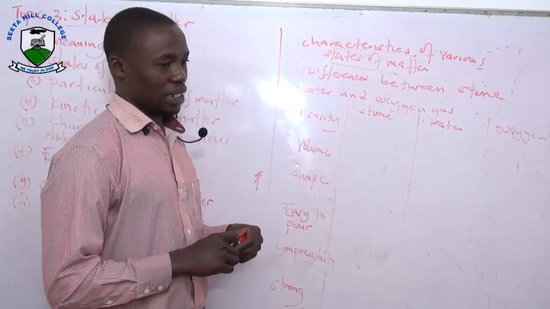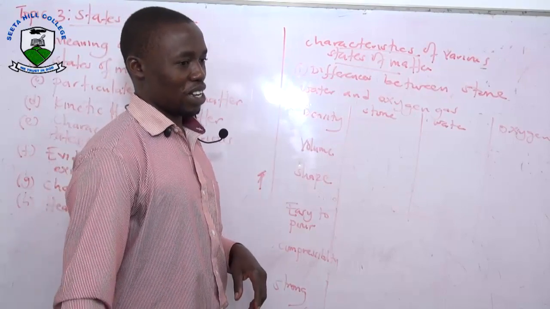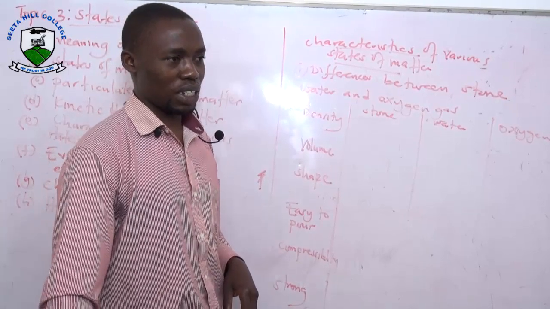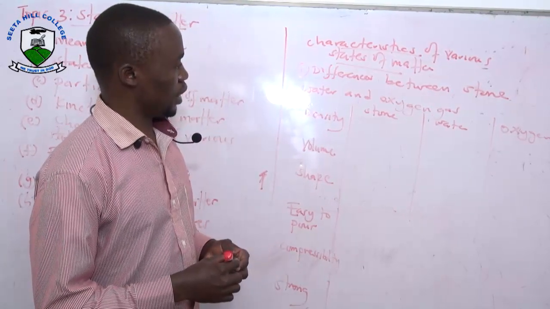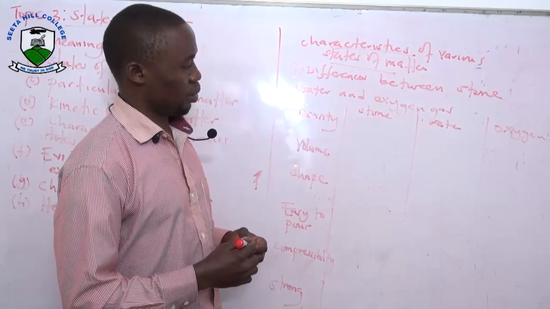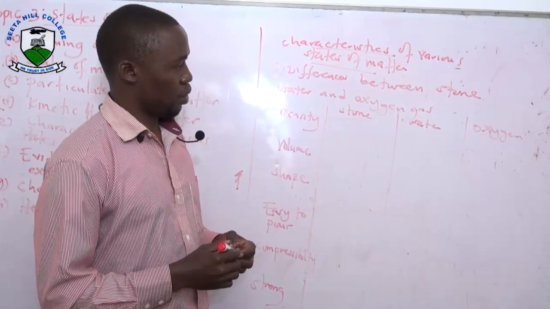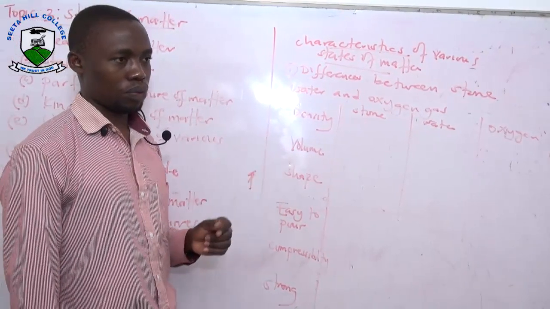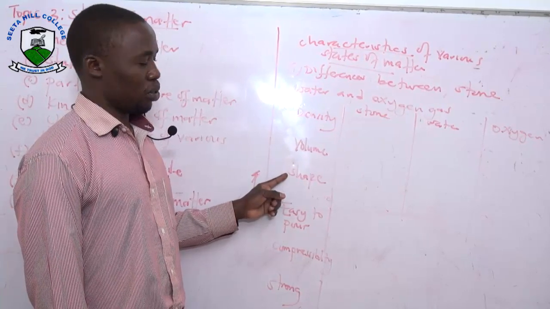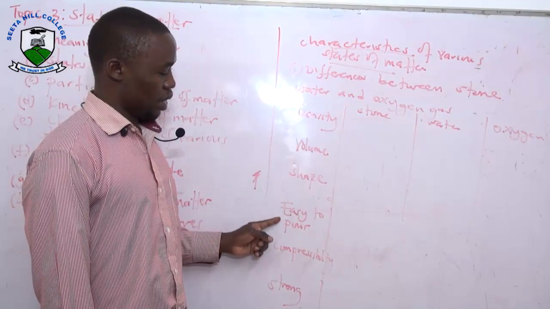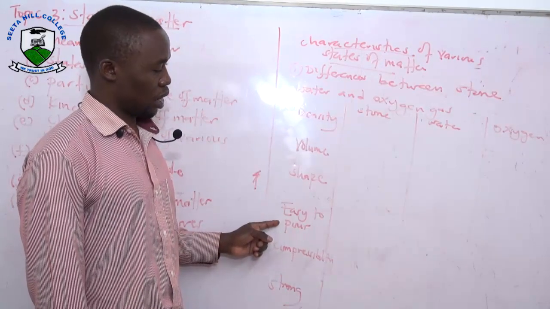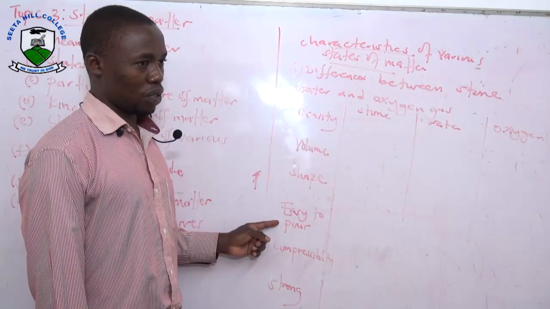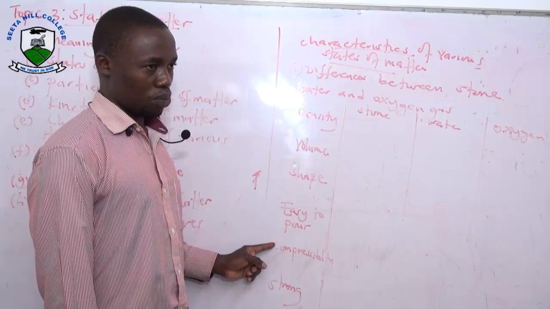Now, in 5 minutes, I will not give you a lot of time because we have little. In 5 minutes, can you discuss these differences between a stone, water, and oxygen in terms of density, volume, shape, ease to pour? Can you pour a stone? Or can a stone pour some part of itself off? Compressibility.